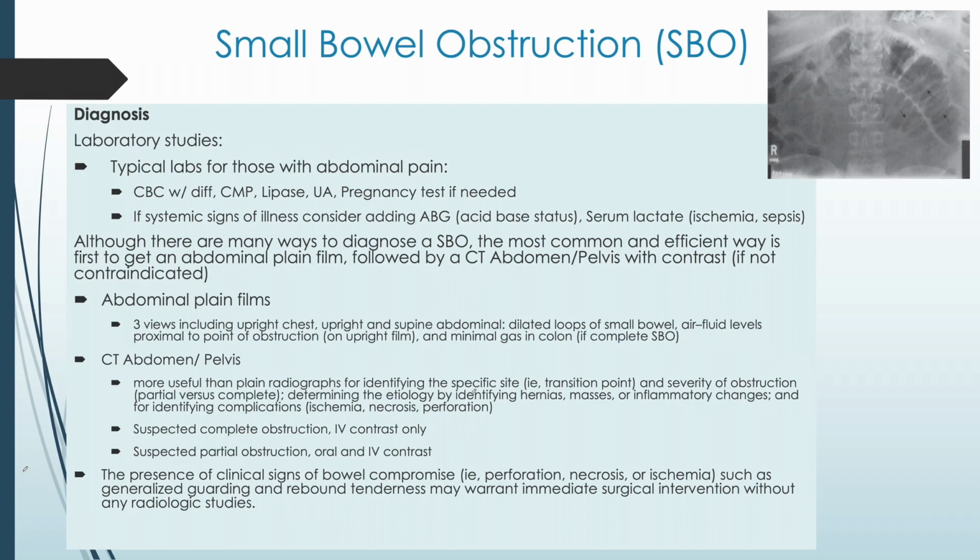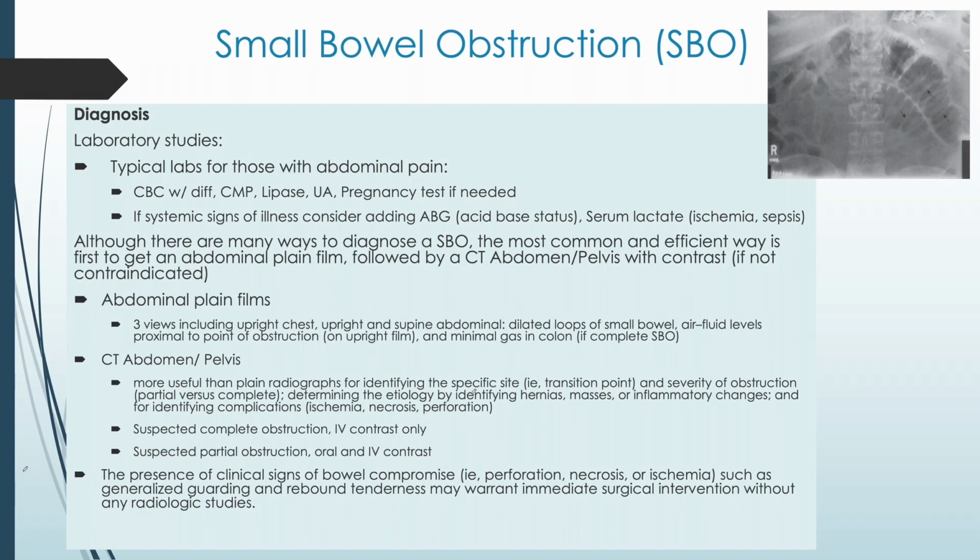And we almost always follow up the plain film with the CT, because not only does it help identify the specific transition point, the exact point where the bowel is obstructed, it also guides the surgeon to know if they're going to have to do a surgical repair.